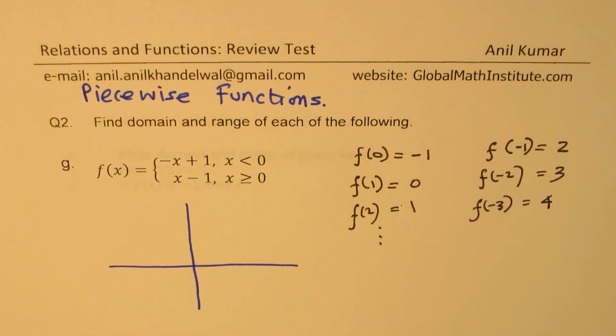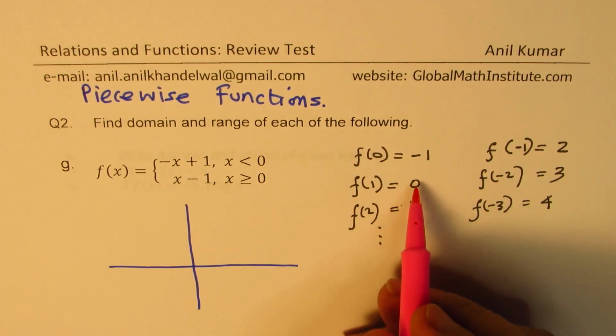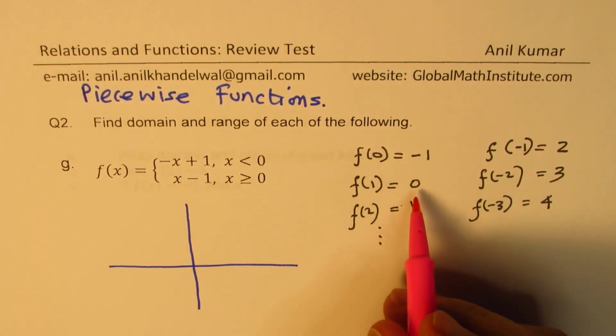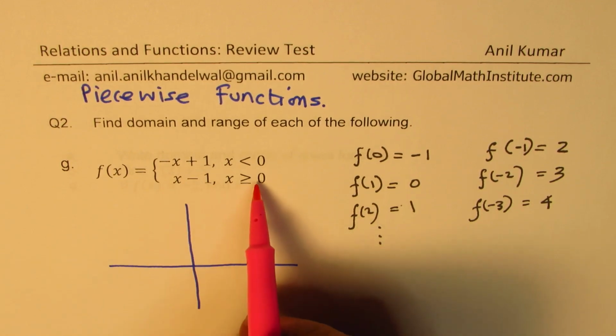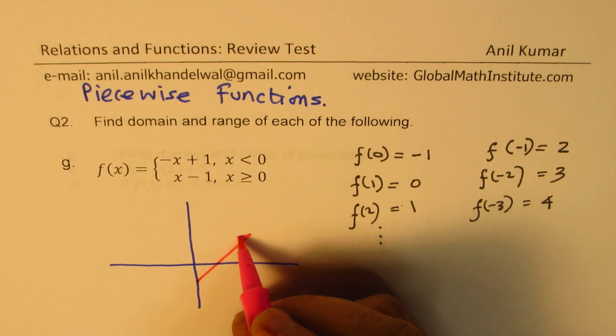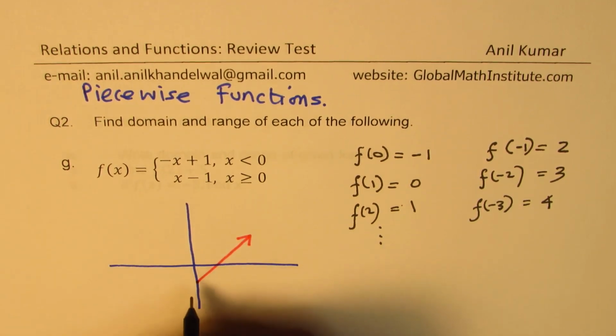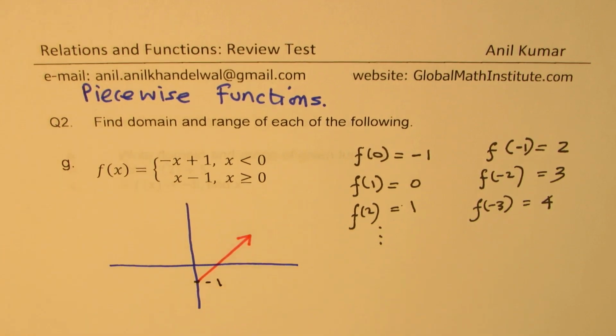And if you want to sketch it, at 0 the value is minus 1, and then it is increasing, right? So it is increasing thereafter as the value of x is increasing. So from minus 1 it is going like this. The point here is minus 1.